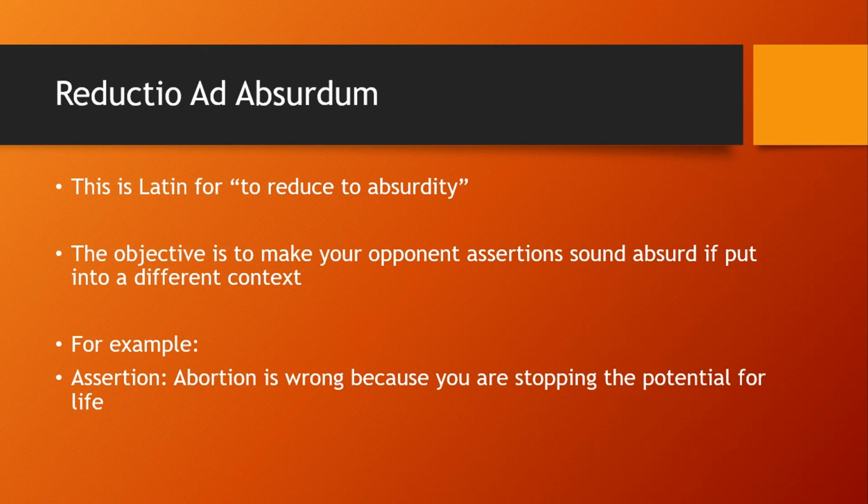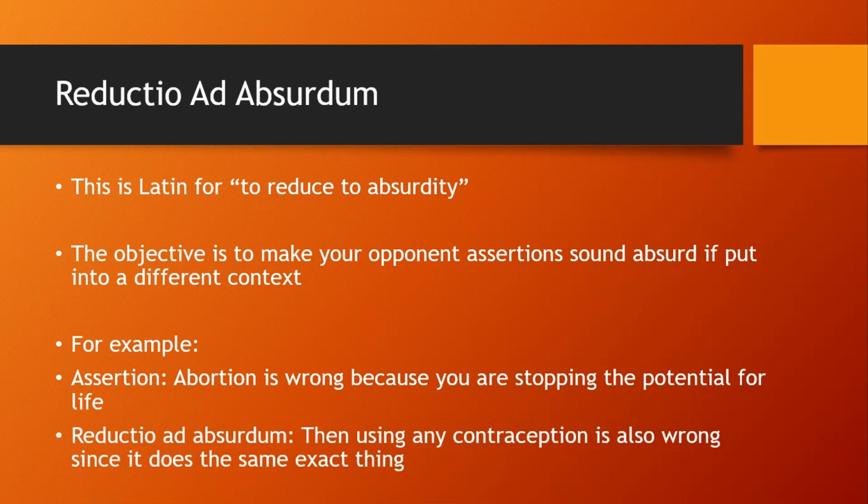To use Reductio Ad Absurdum, you say, okay, if abortion is wrong because you're stopping the potential of life, that means stopping the potential for life is wrong. And thus, using any contraception would also be wrong because it does the same thing as abortion, which is stopping the potential for life. Now it sounds ridiculous to say, okay, since abortion is wrong, contraception is also wrong. So the logic of their assertion doesn't make any sense anymore.